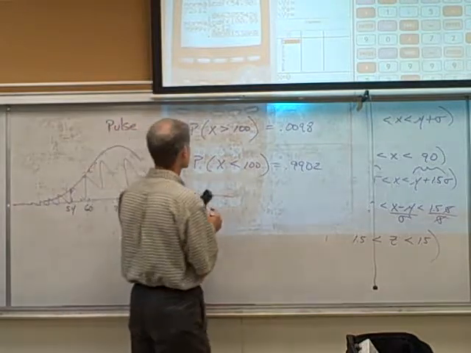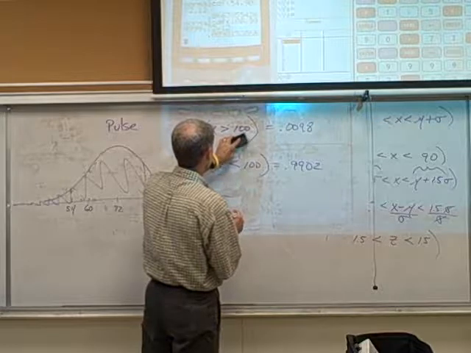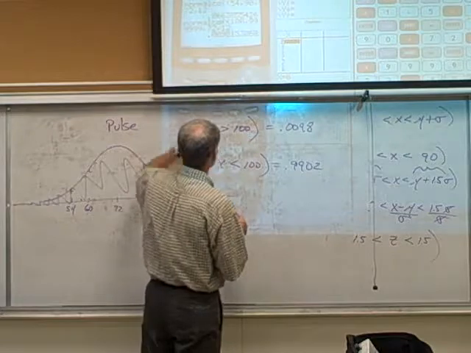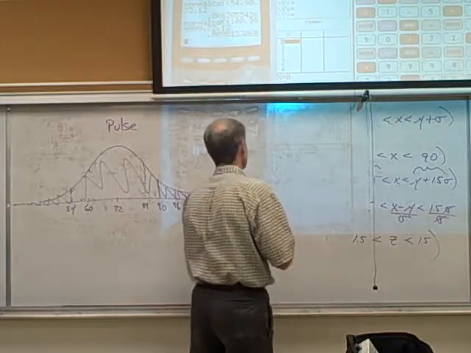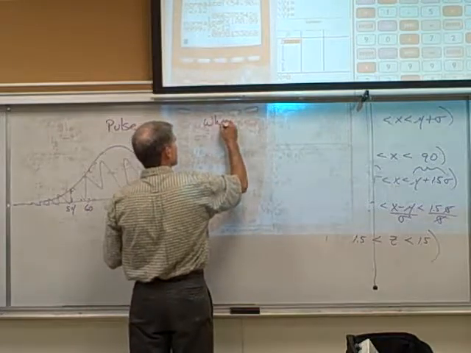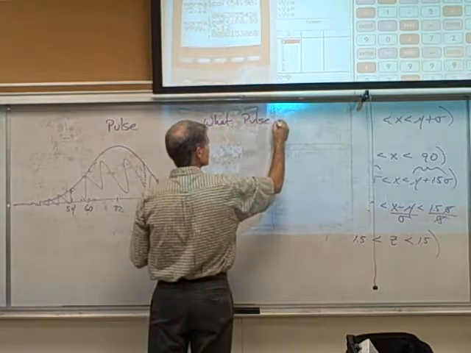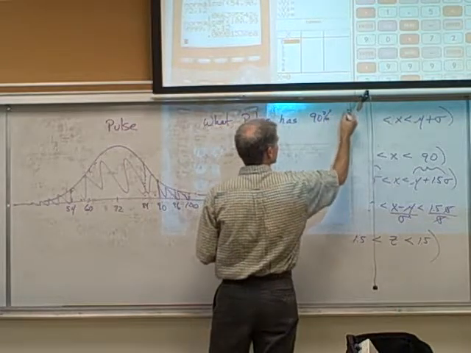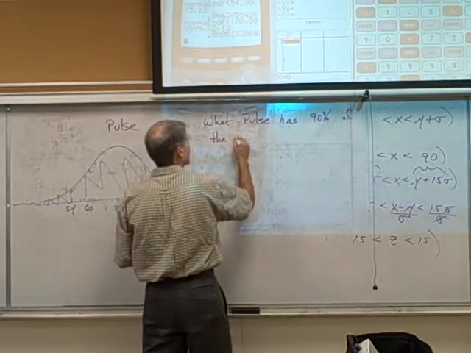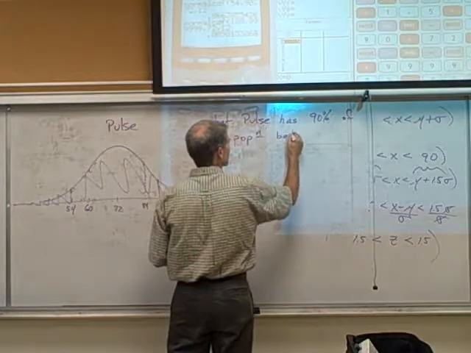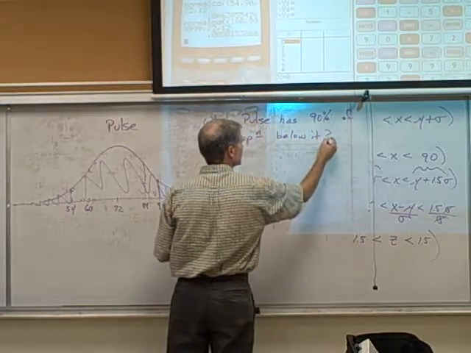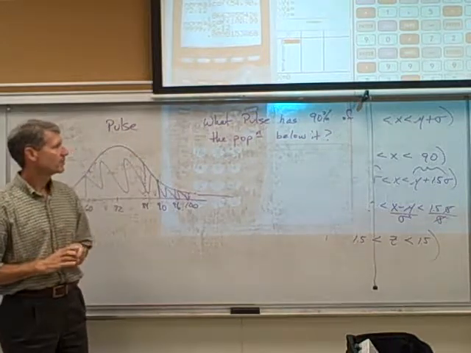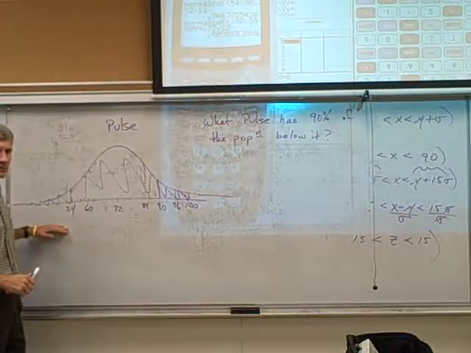So in other words, maybe I say, let me write it as a sentence: what pulse has 90% of the population below it? That's a kind of homework problem that you might get. What pulse has 90% of the population below it?